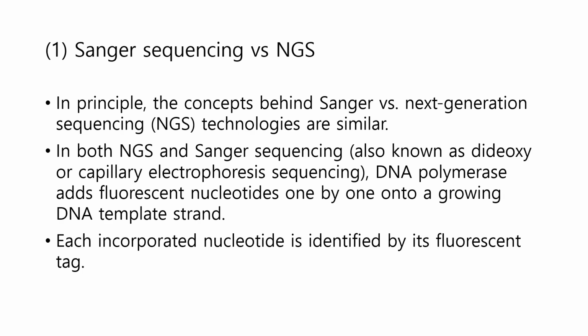A few years ago, I started the NGS study. Whenever you are a beginner, you have to know some concepts of NGS before starting your study. First, Sanger sequencing versus NGS. In principle, the concepts of Sanger and NGS technologies are similar.